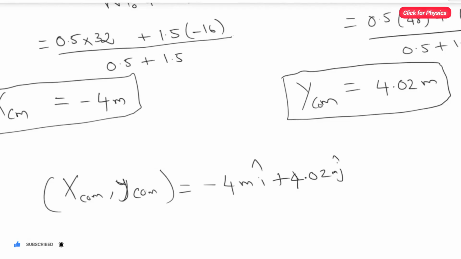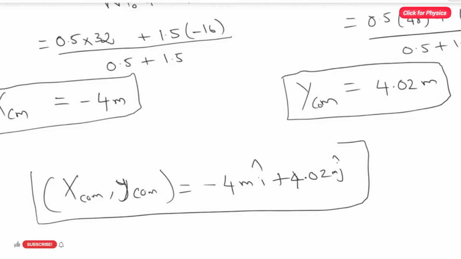Clear? So this is the answer for this question. X center of mass is minus 4 meter i cap, and y center of mass is 4.02 meter j cap. That's it. Thank you.